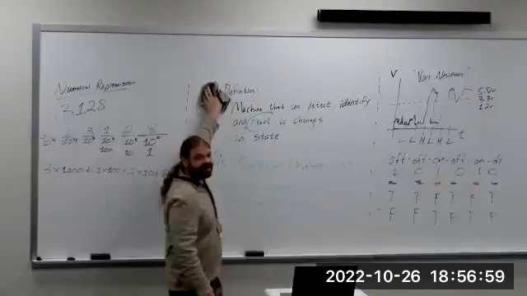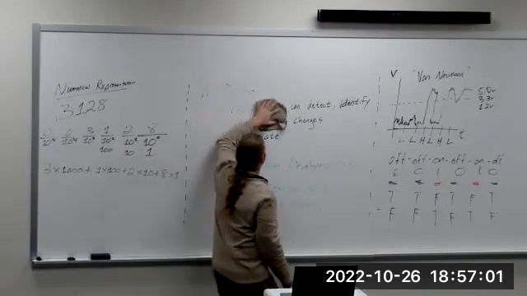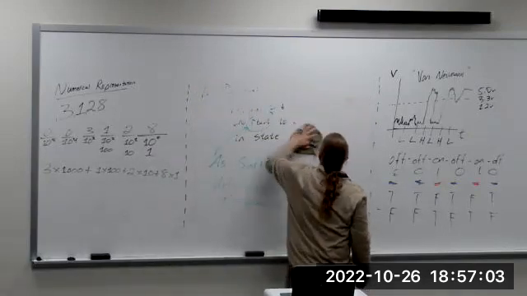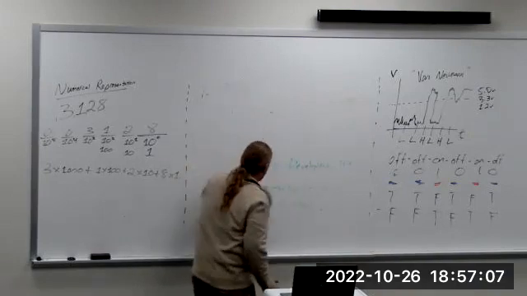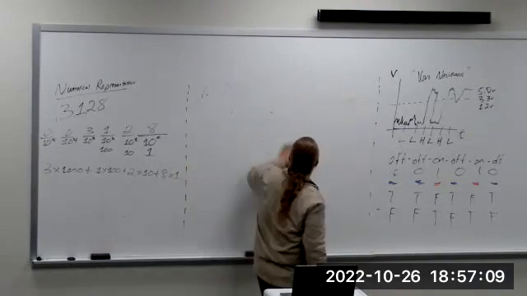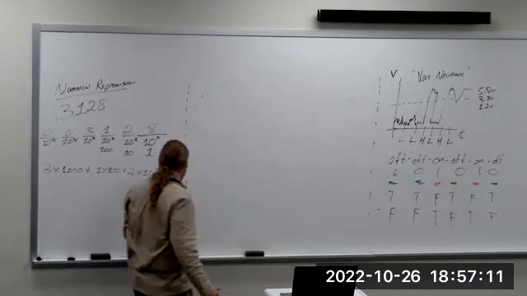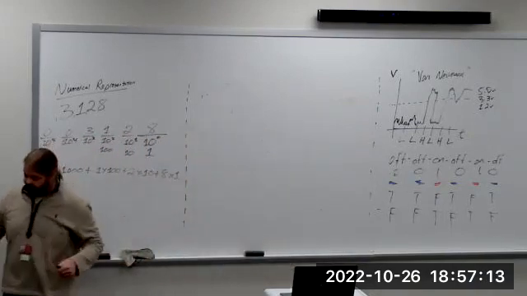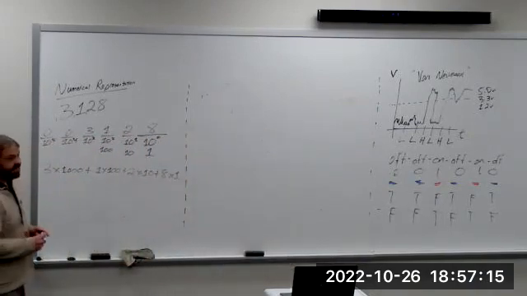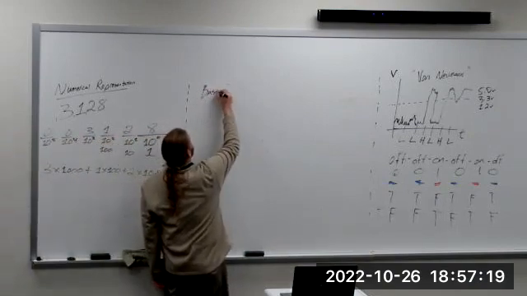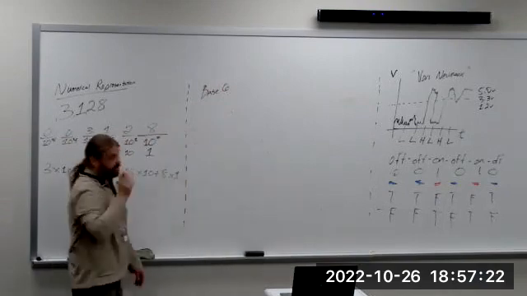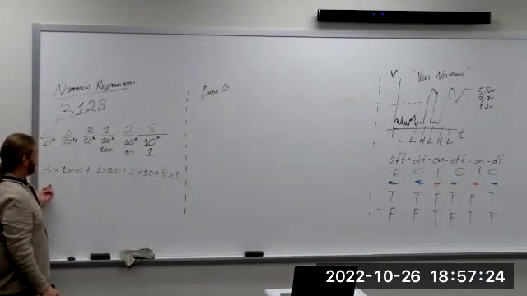I see a head nod here in class. So we can use any base we want. Let's go with 6. Let's look at something in base 6, just to show there's nothing special about that.